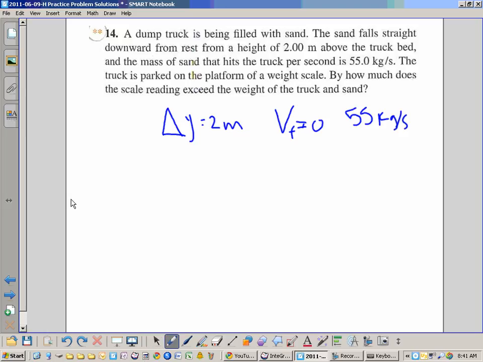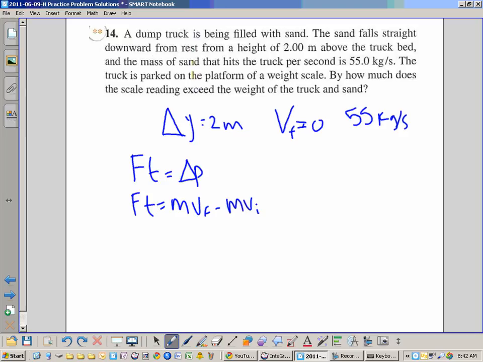So, I'm trying to remember how I did this. There's this equation, impulse, right? Equals delta p. So that's change of momentum. So this is Ft equals mv final minus mv initial.